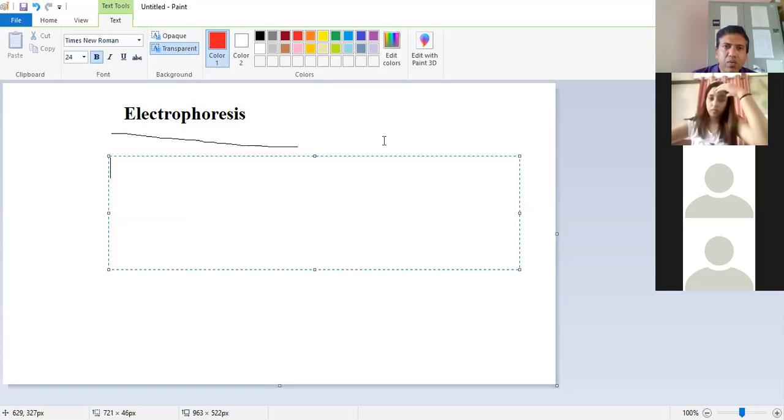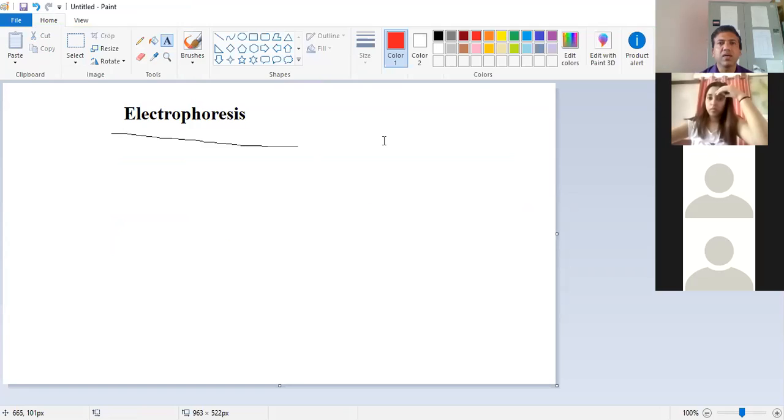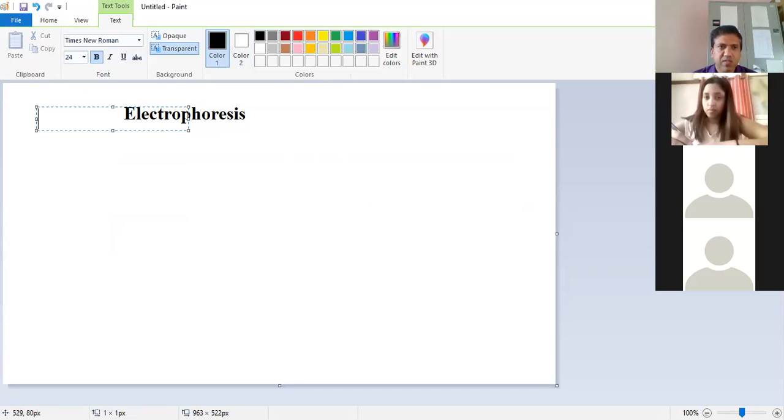Okay, now let us talk about the electrophoresis which we use in biochemistry. These are mainly gel electrophoresis.